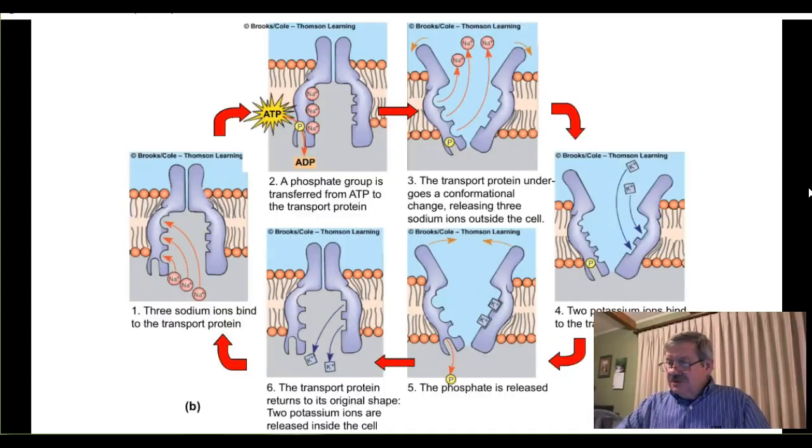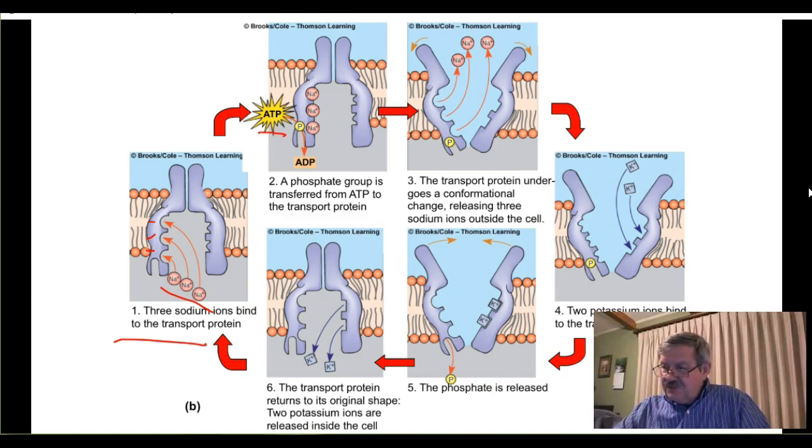Okay, so let's see if we can go through this diagram right here as to what's going on. And we'll start right here. And you'll notice that we've got 1, 2, 3 sodium ions inside the cell, and they're going to fit into these receptors in the protein, and then we'll have phosphate from the ATP attached to this protein.